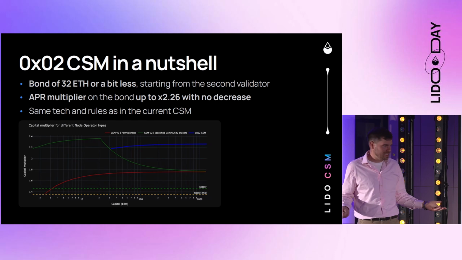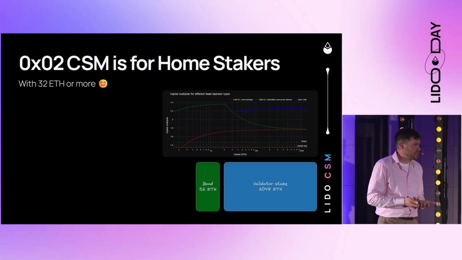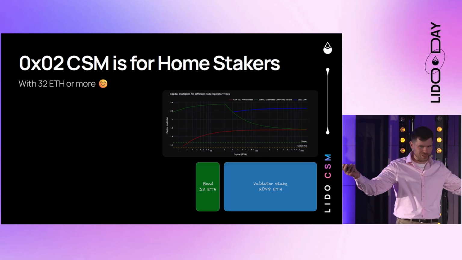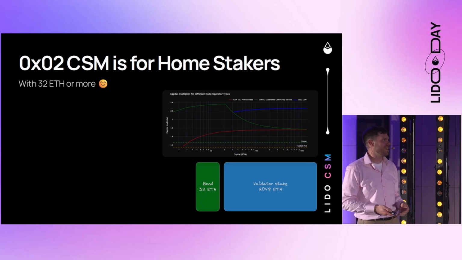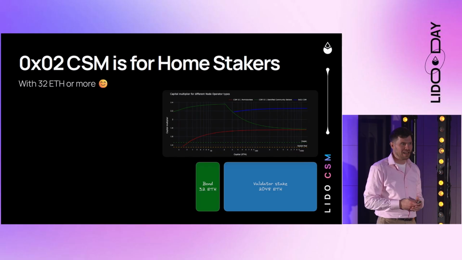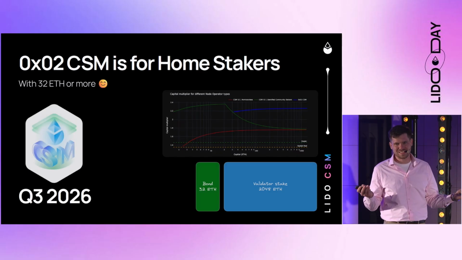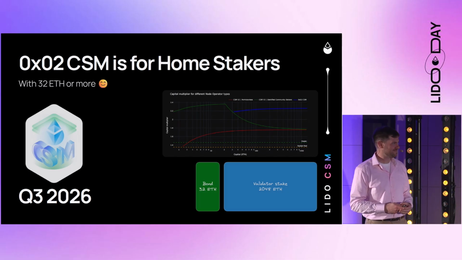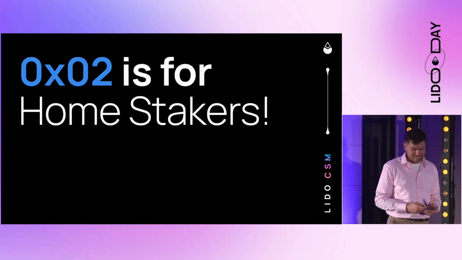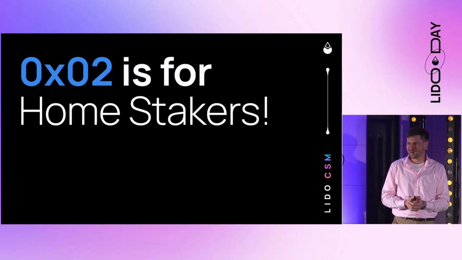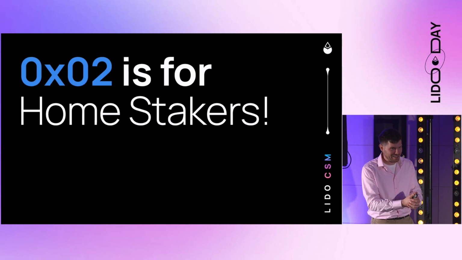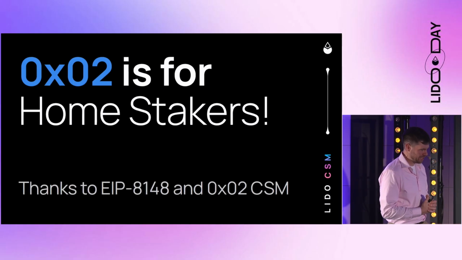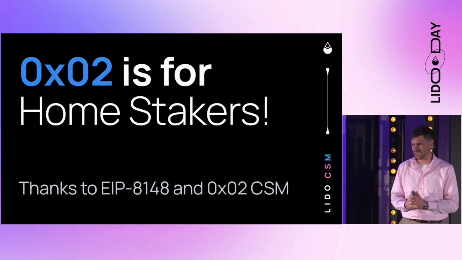So 0x02 CSM is a great solution for home stakers to access these large 0x02 validators, for sure, if they have 32 ETH or more. And all of this beauty you will see live starting from Q3 2026. So 0x02 withdrawal credentials are for home stakers, thanks to EIP 8148 and 0x02 CSM.